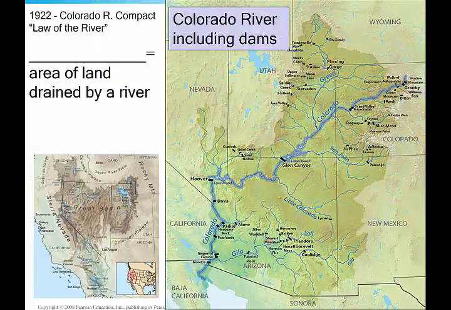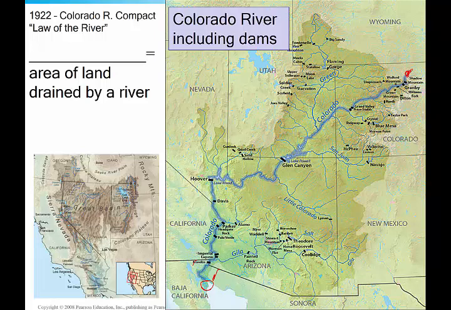So, a little bit of background on the Colorado River. You can see from the picture on the right that the Colorado River starts up here somewhere in Colorado in the Rockies, and it flows 1,400 miles to the Bay of California. Now it does go through Mexico. There's a very little stretch right here that goes through Mexico. So the states with rights to the Colorado River are divided into an upper and lower basin.